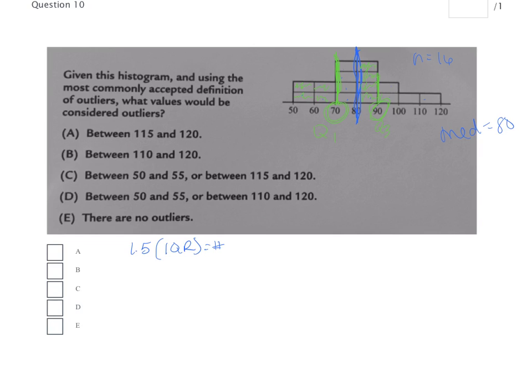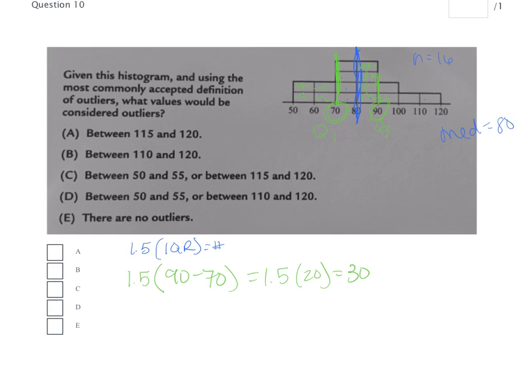Okay, so now what I need to do is follow my formula, where I take 1.5 times the interquartile range. I'm going to do 90 minus 70. Remember, that's our interquartile range, so that's going to be 1.5 times 20. So if I plug that into my calculator, it gives me 30.